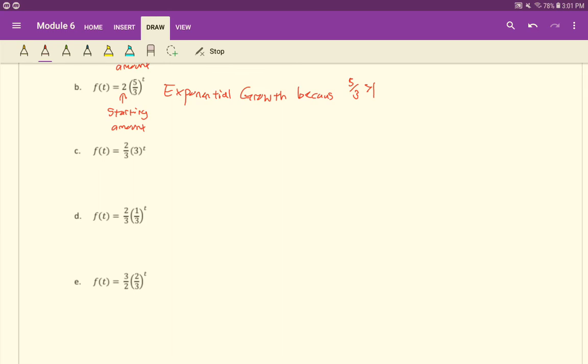Pause the video and identify them as exponential growth or decay, and also identify what the starting values are. Okay, so for C, that's our starting amount. For D, 2/3 is our starting amount. And for E, 3/2 is the starting amount.